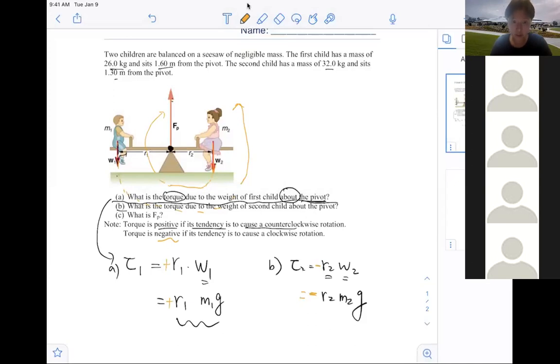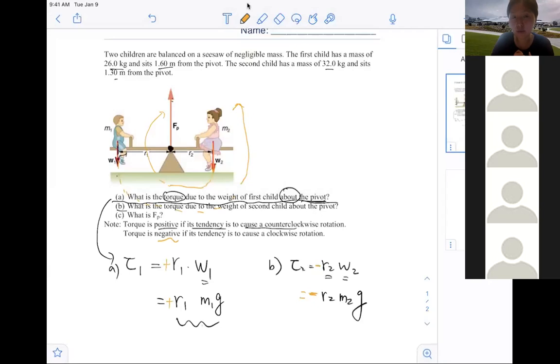So that's it. In order for the seesaw to not rotate, these two have to add up to 0, right? Oftentimes, if your force is bigger, say an adult is riding on the seesaw with a child, and you want to balance it, then the adult has to sit closer to the middle.